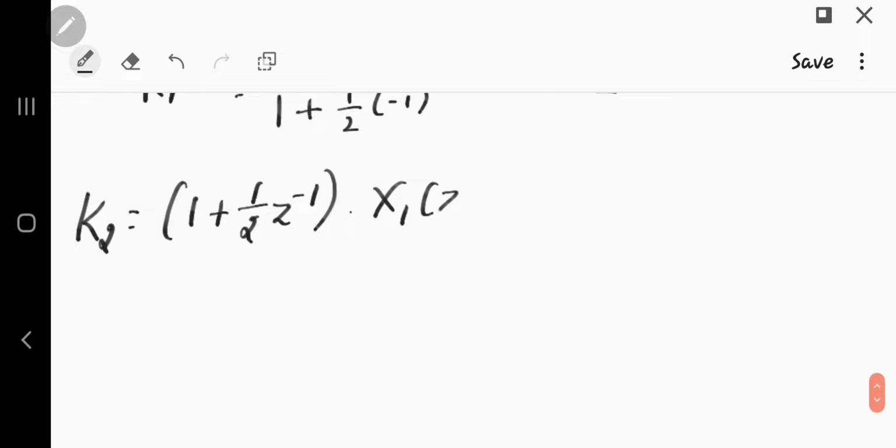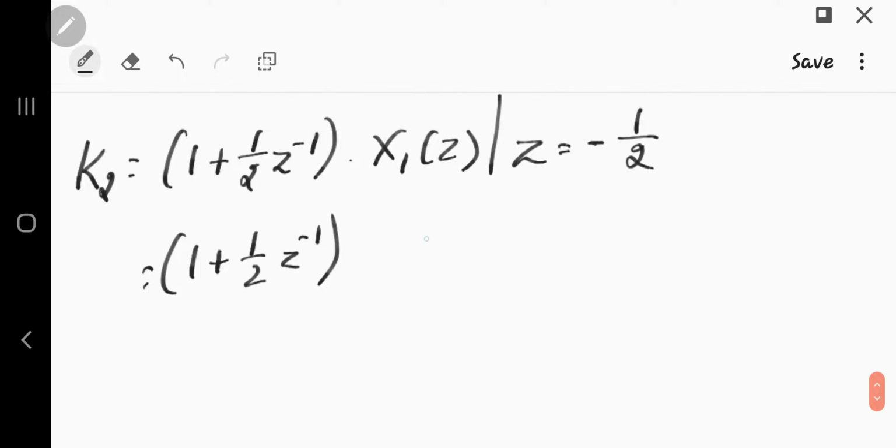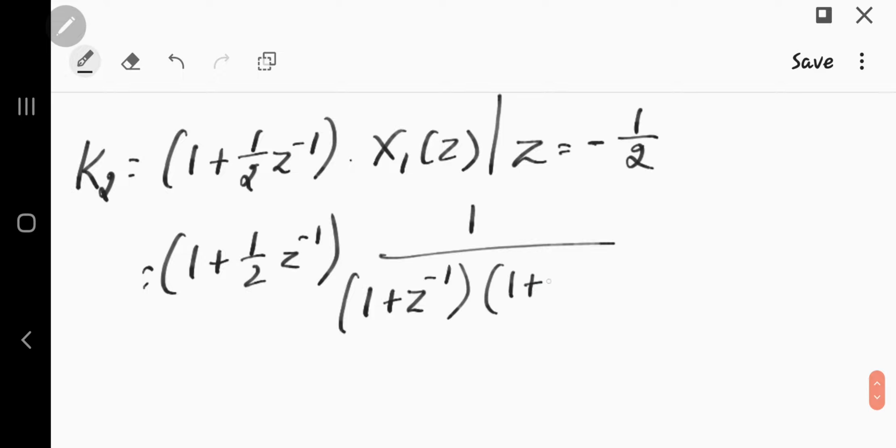So k2 is 1 plus 1 by 2 z inverse into x1 of z, where z takes the value minus 1 by 2. Substituting x1 of z, 1 plus 1 by 2 z inverse into 1 divided by 1 plus z inverse into 1 plus 1 by 2 z inverse, z takes the value minus 1 by 2.